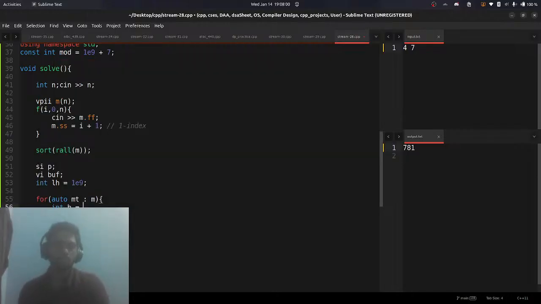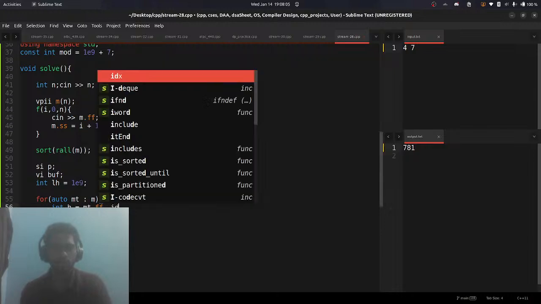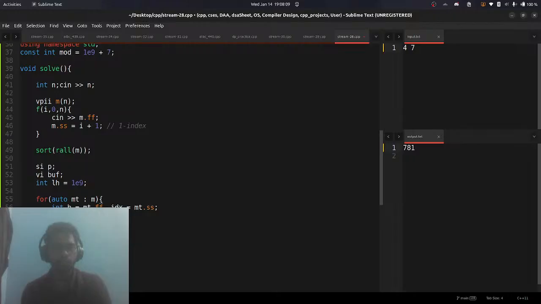Height is basically the first value. We also have the index, which is basically the second value, and we'll also check if the last height is not equal to the height, then in that case we'll do something.